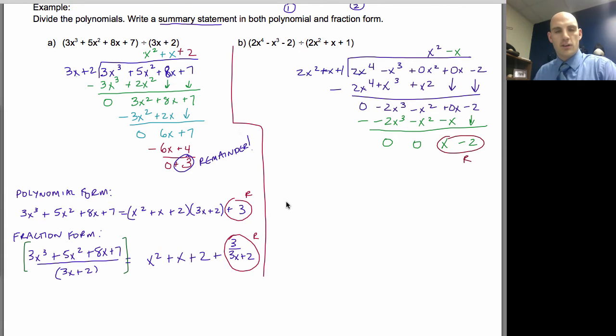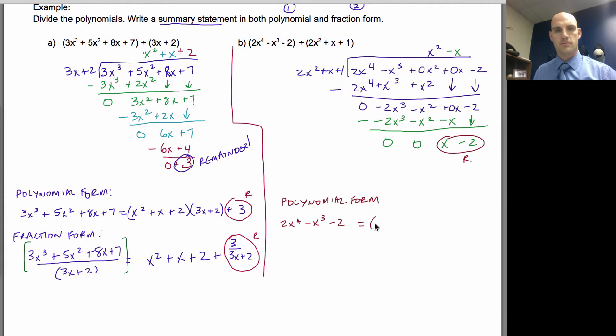Well, I'm going to write it in polynomial form. My polynomial form looks like this. I take my original, so 2x to the fourth minus x cubed minus 2 equals. And what I'm going to write here is my product of what I'm dividing by and my answer plus my remainder.